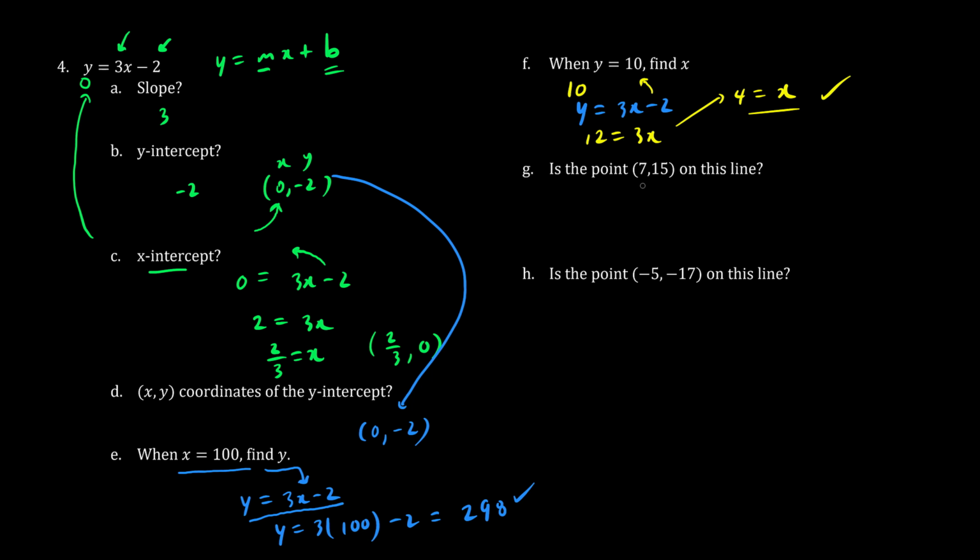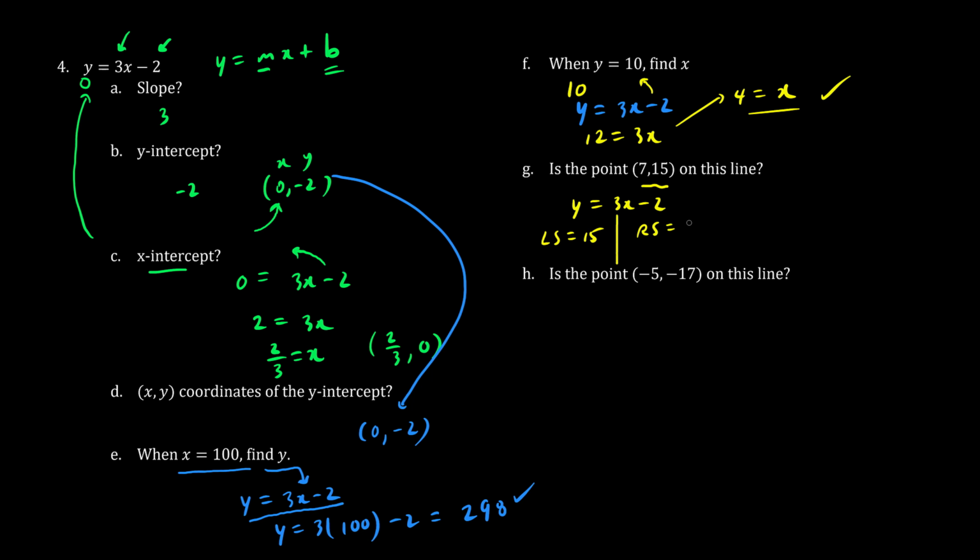Now, is this point on the line? How do we find out? We simply substitute again. We copy down the line equation, and let's try plugging in, or substituting, 15 into the y value. I'm going to say left side is equal to 15, and you draw a nice line in the middle.